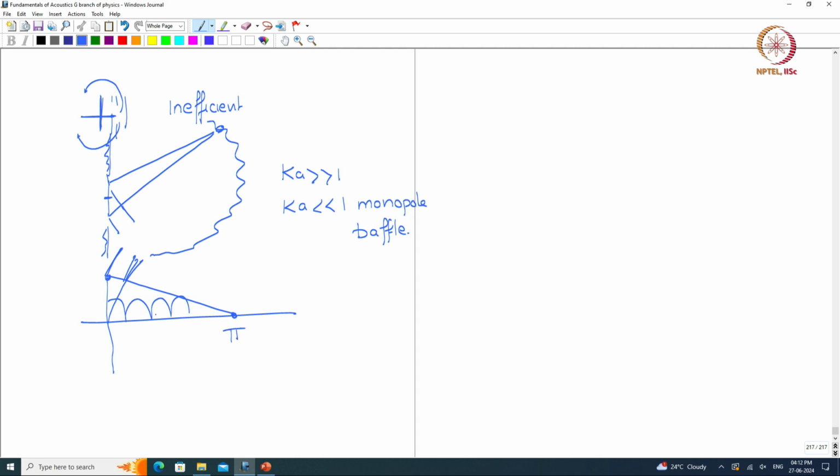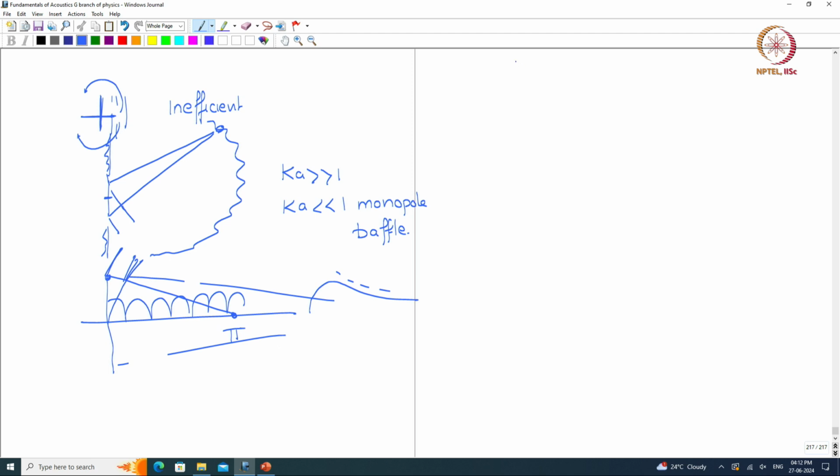And as you go further and further, this phase difference will reduce, so that finally there is a decaying field. So in the near field you have these interferences, and far away you will have a decaying field. So we saw that.